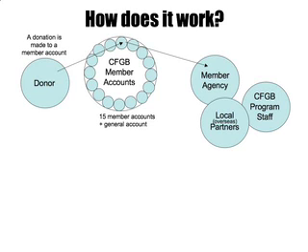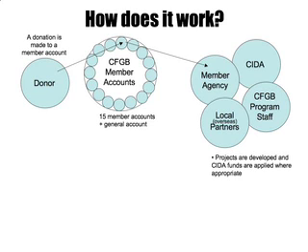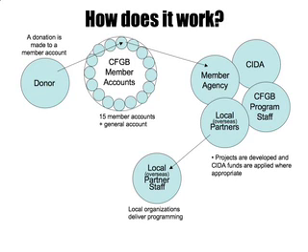Once the project has gone through that process, the CEDA funds will then be added to the project. CEDA matches most of our projects on a 4-to-1 basis. That means that if the member agency designates $1,000 to the project, CEDA will provide $4,000 to increase the capacity of that project. Once that's been completed, the resources, whatever they are, whether it's food or seeds or tools, will be provided to the local partner staff on the ground.